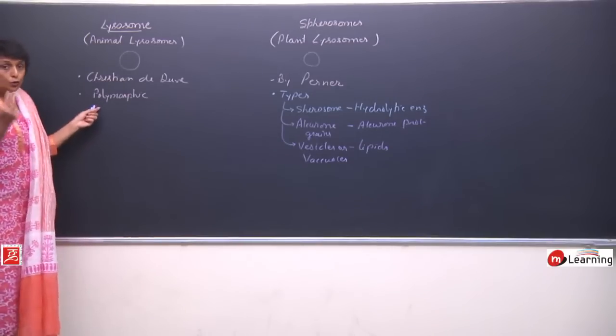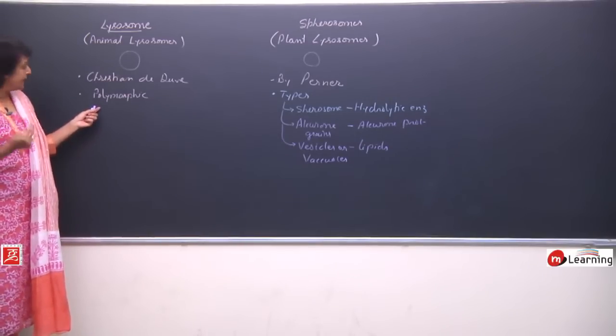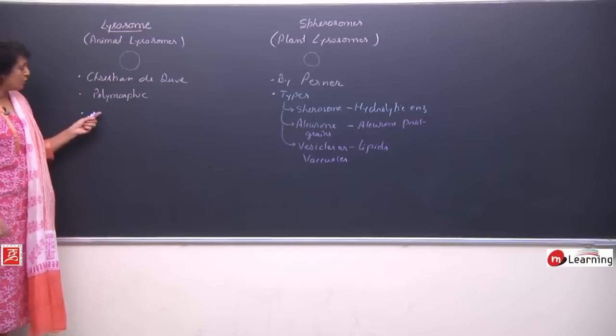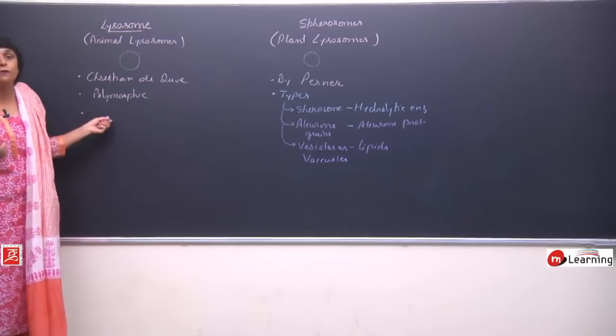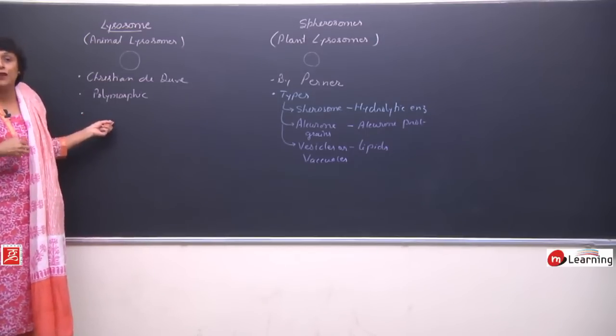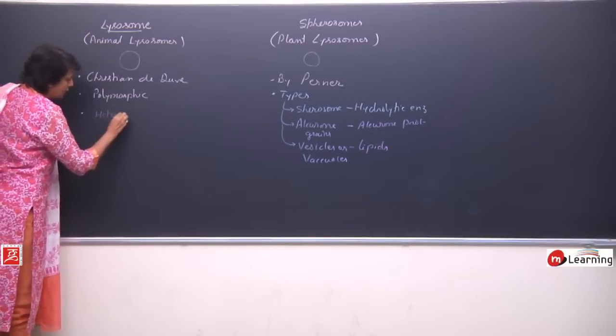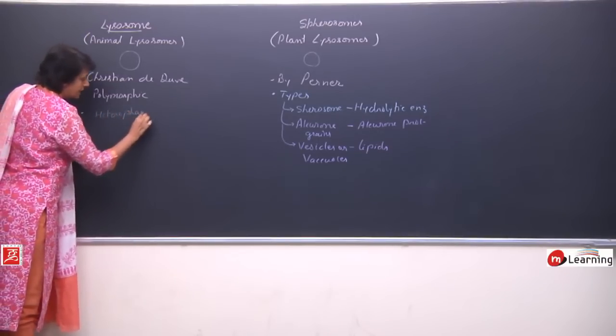We talked about 2 main categories, in the sense that primary, secondary, and tertiary lysosomes were responsible for digesting the foreign bodies or foreign food items. They are known as heterophagosomes.